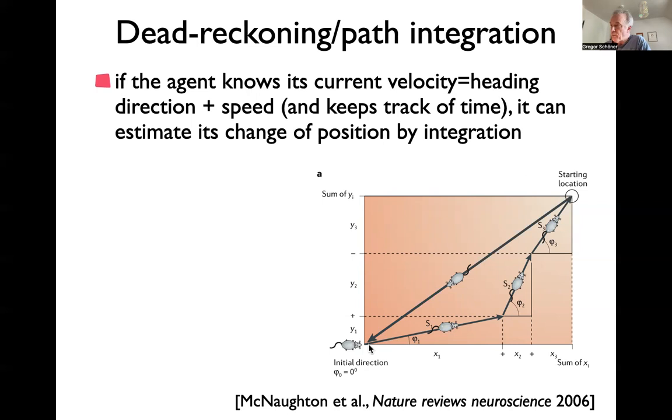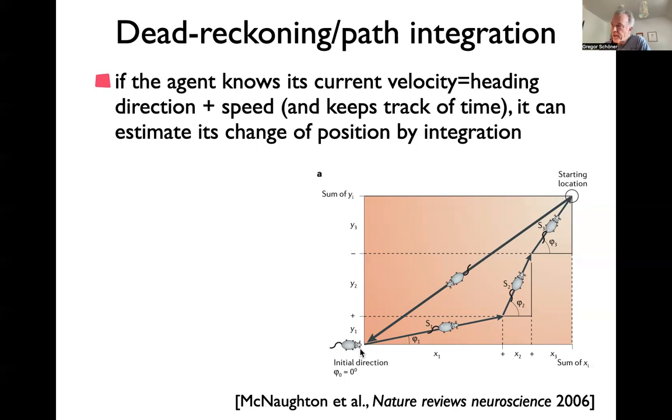So it would know I moved this long with this direction and distance and speed, and then this long with that direction, speed, and so on. It could predict where it is just based on integrating that kind of information. And then you could measure, for instance, that it has successfully done that by checking if it can go home straight. It will actually stop at the right location. That's a standard paradigm for how you experimentally probe path integration.